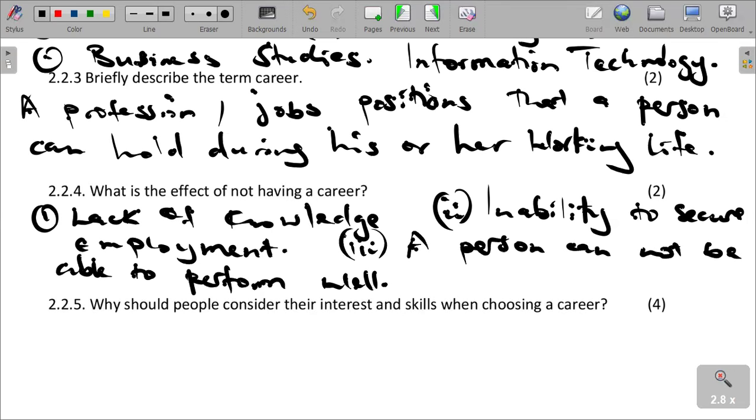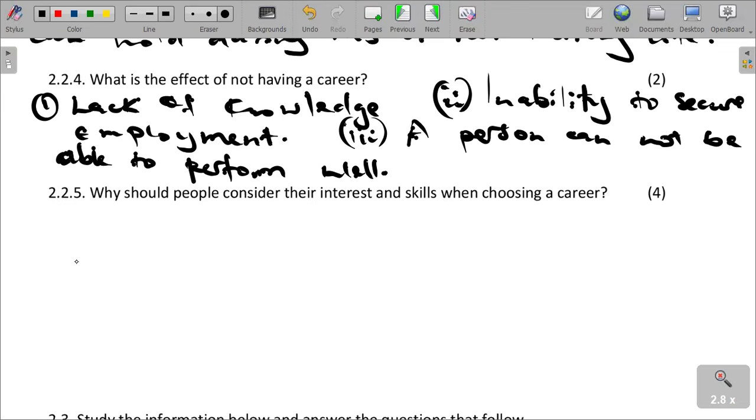People without a career cannot have opportunities. Opportunities cannot be achieved easily. People will not have opportunities to pursue in life.